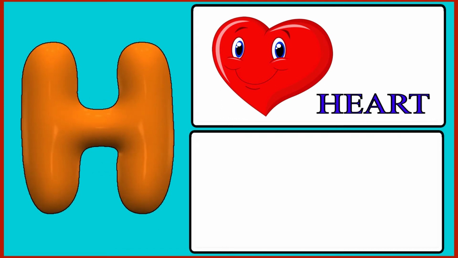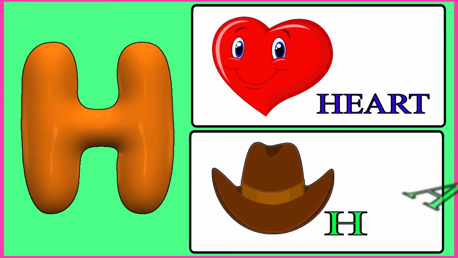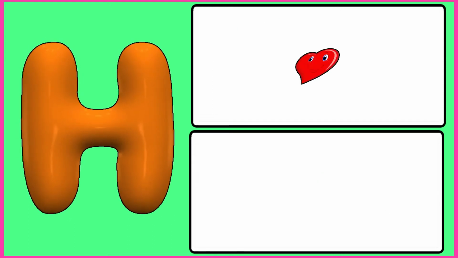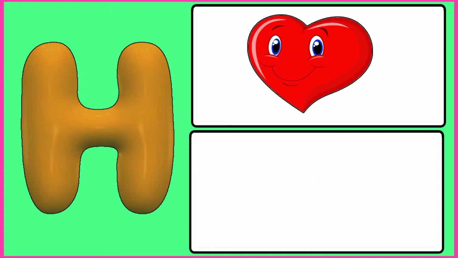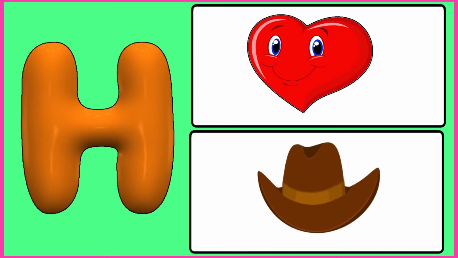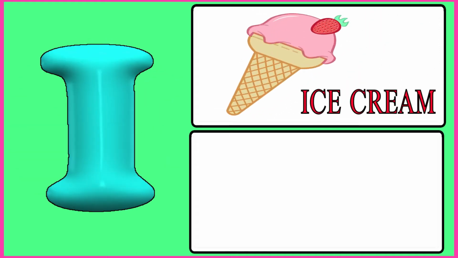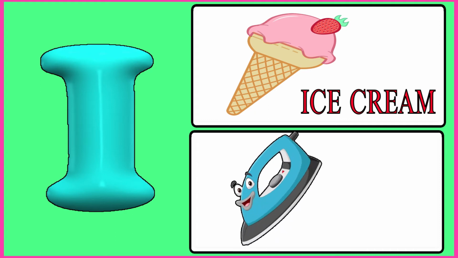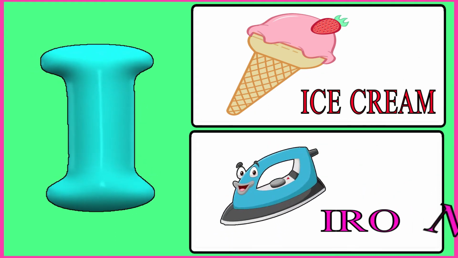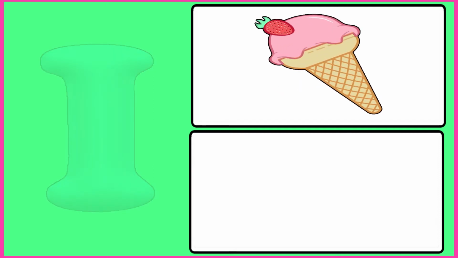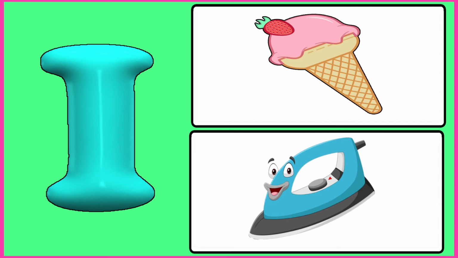H is for hat, hat. I is for ice cream, ice cream. I is for iron, iron.